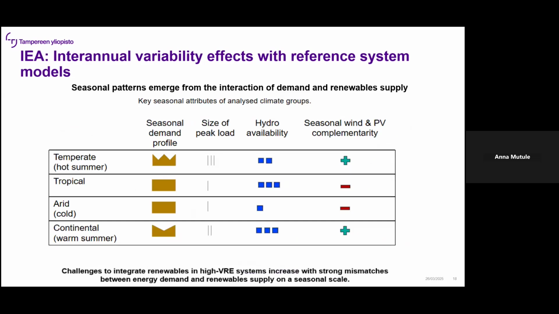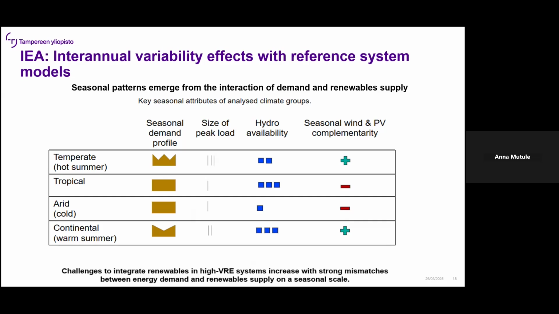This slide summarizes the key seasonal characteristics of the 4 climate zones used in the International Energy Agency Interannual Variability Study. Seasonal patterns emerge from the interaction of electricity demand and availability of renewable resources, and they vary significantly across climate types.